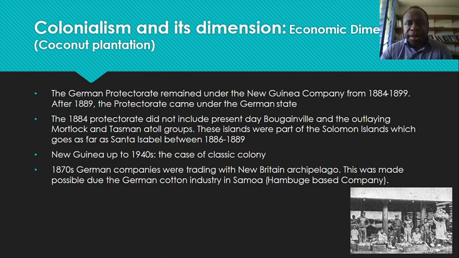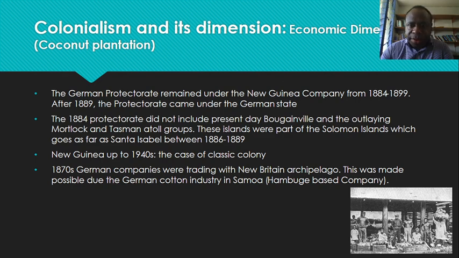did not include present-day Bougainville, and other outlying islands such as the Mortlock and the Tasman Atoll groups. These atolls were part of Solomon Islands, which goes as far as Santa Isabel, between 1886 and 1889. New Guinea up until the 1940s was a case of a classical colony.